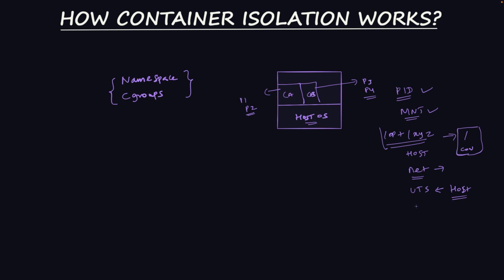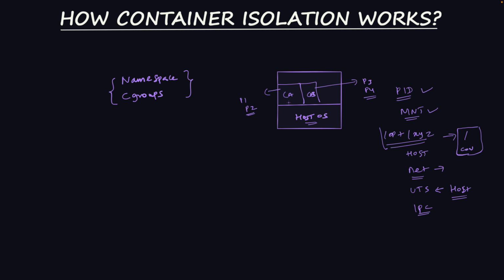Then we also have the IPC namespace. IPC namespace is for inter-process communication. When processes are running within a container, the processes within the same container should be able to communicate with each other.